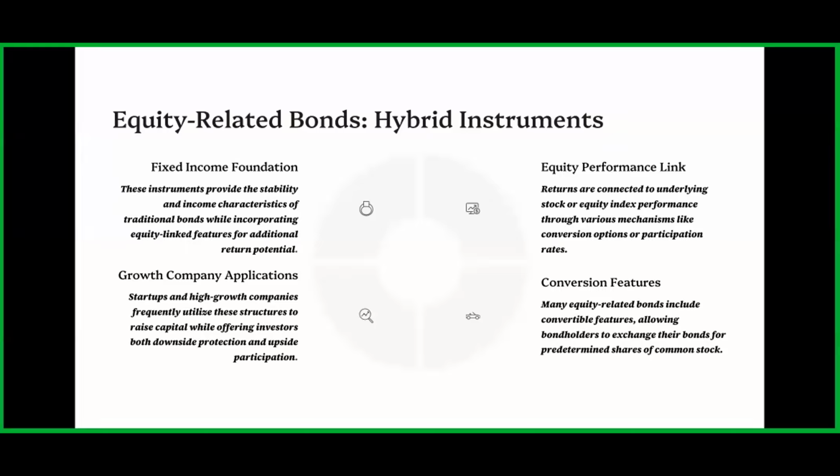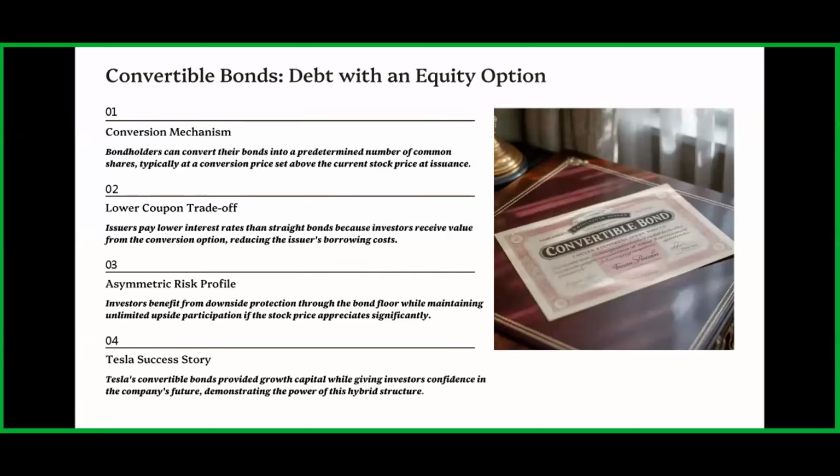The equity related bonds have one more feature, that is the conversion feature. Many equity related bonds include convertible features that allow the bondholders to exchange their bonds for predetermined shares of common stock. So this is how we can convert the bonds into equity. Here we see convertible bonds, that is debt with equity options.